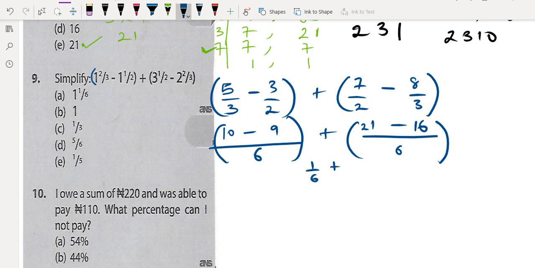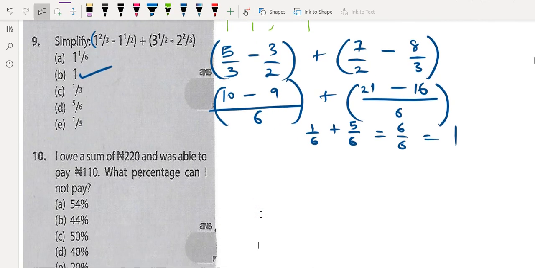Plus 21 minus 16 is 5. 5 over 6. LCM is 6. Because we have the same denominator, we just add the numerators. 1 plus 5, 6 over 6, which is 1. Option B.